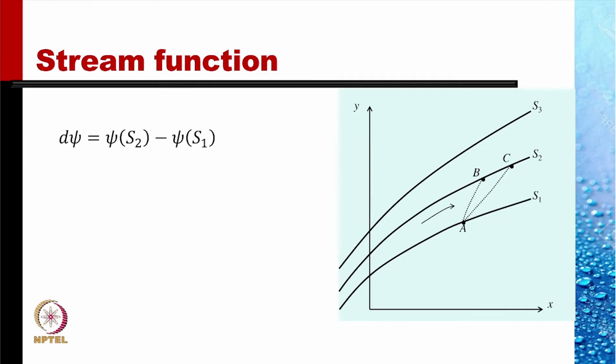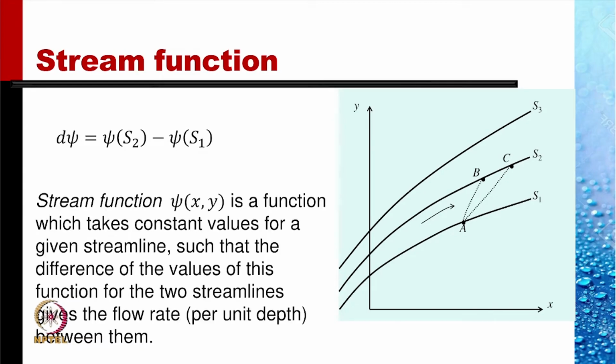If we associate a function psi with S1, then the value of psi with S2 would be d psi greater. Stream function psi is a function which takes a constant value for a given streamline such that the difference of values of this function for two streamlines gives the flow rate per unit depth between them in two-dimensional flows.